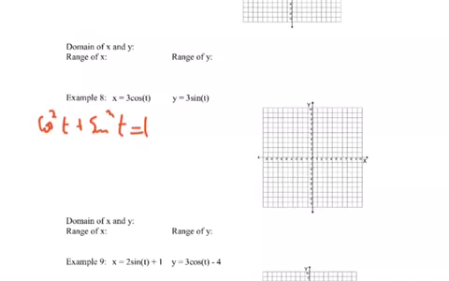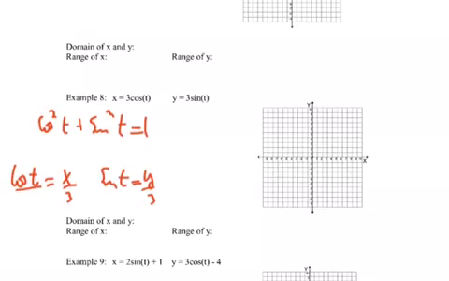So first you have to take each of these equations and solve them for cosine and sine. So we can see that the cosine of t would simply be equal to x divided by 3, and the sine of t would equal y divided by 3. And now I'll plug these into this equation.